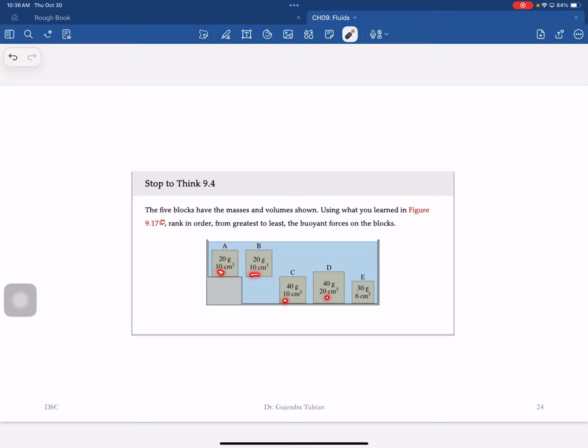This is displacing the greatest volume of water, so that will feel the greatest buoyant force. The mass of that object is just to distract you. That's not relevant to the problem. This is feeling the greatest buoyant force. This is feeling the smallest buoyant force.